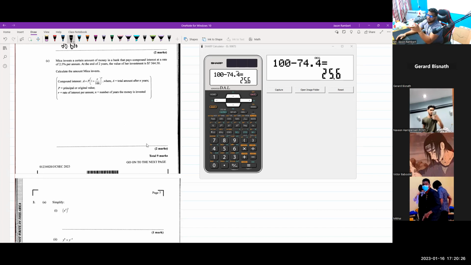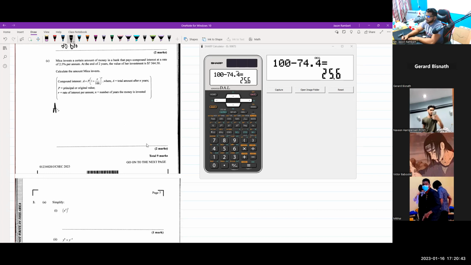Now, A is going to be the amount after so many years. So at the end, if you want your interest, you're going to take it away from the initial amount of money that you had to start with. We could do it both ways. Let me use the formula first.